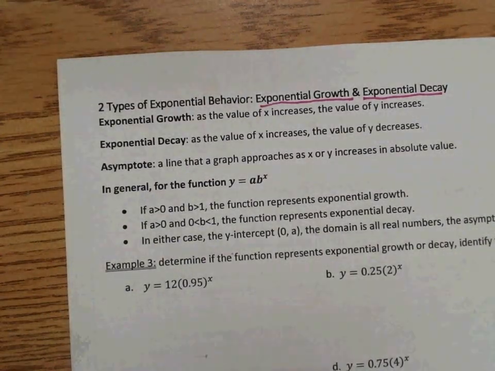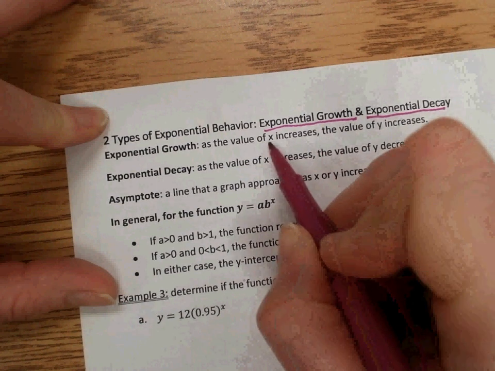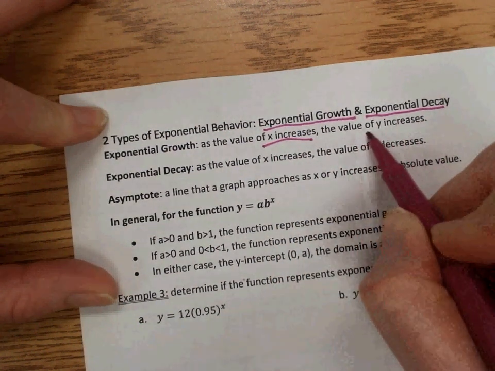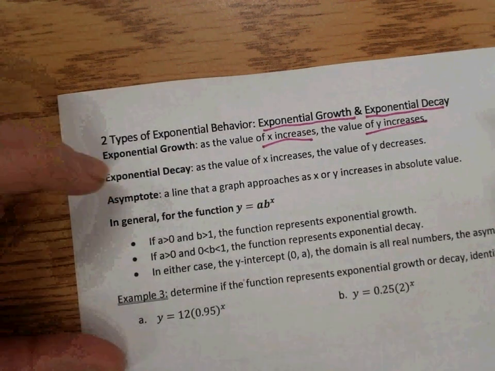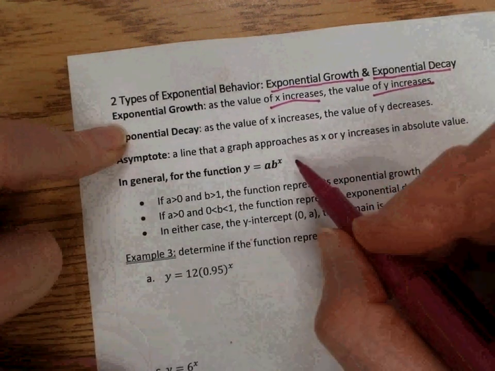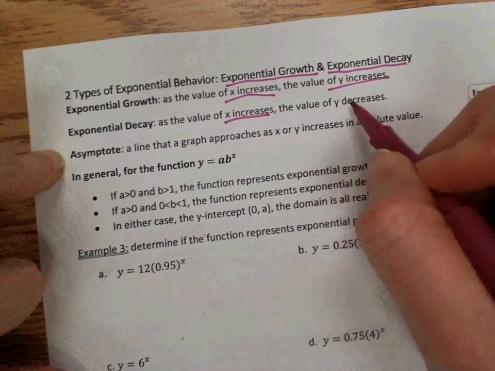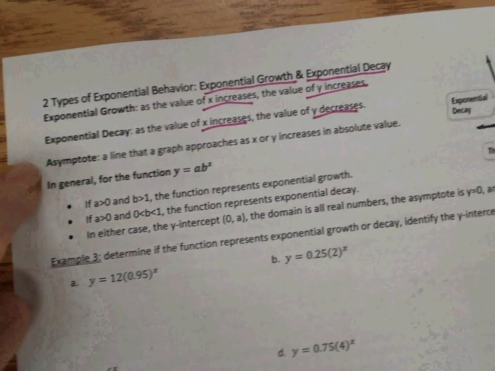So exponential growth, we can define that as the value of x increases and the value of y increases. So that's your basic definition for exponential growth. And then exponential decay, as the value of x increases, the value of y decreases.